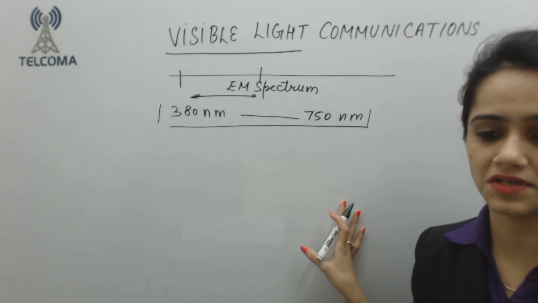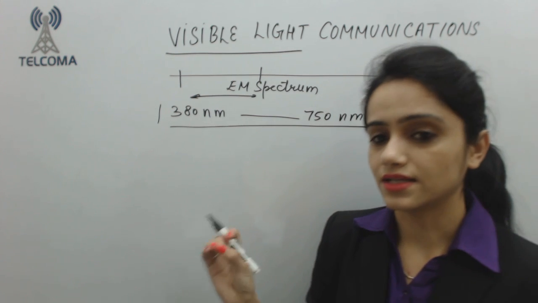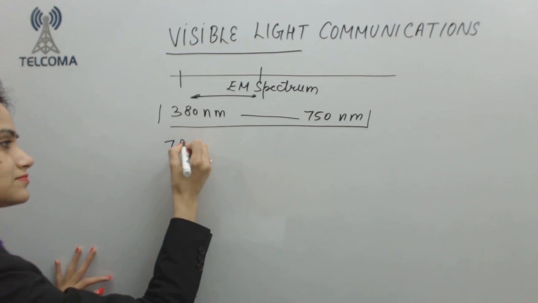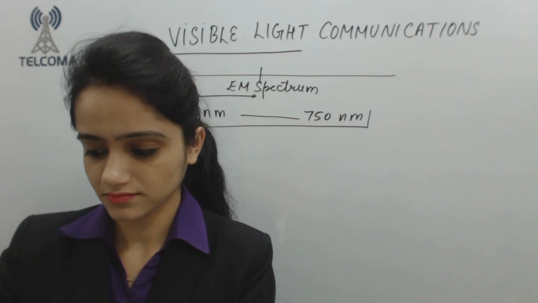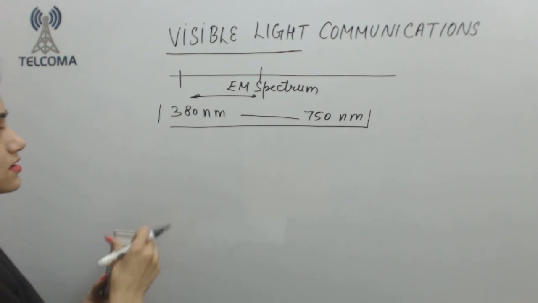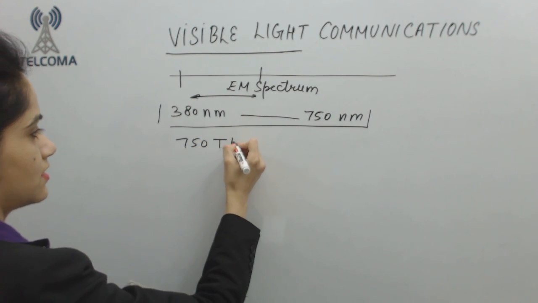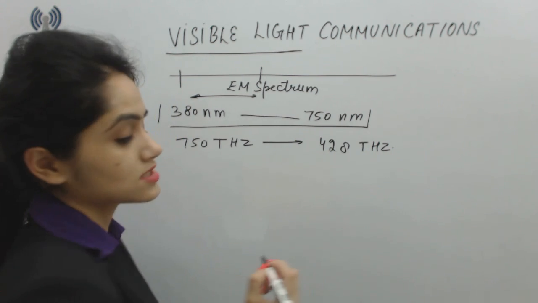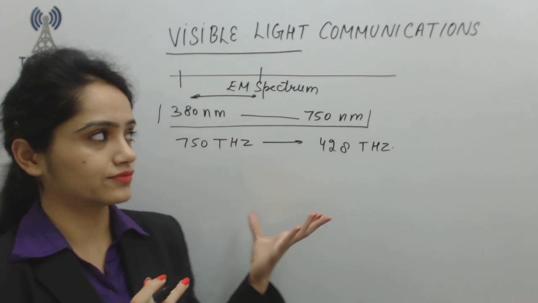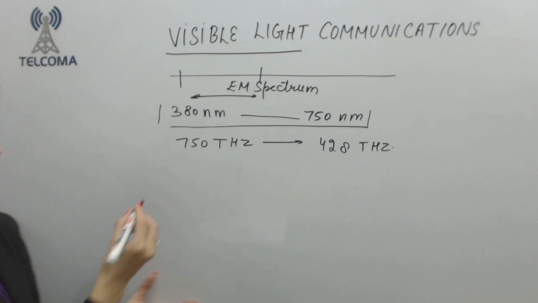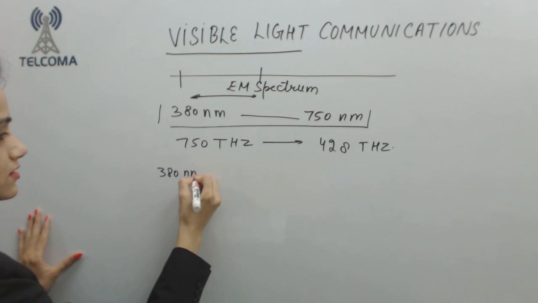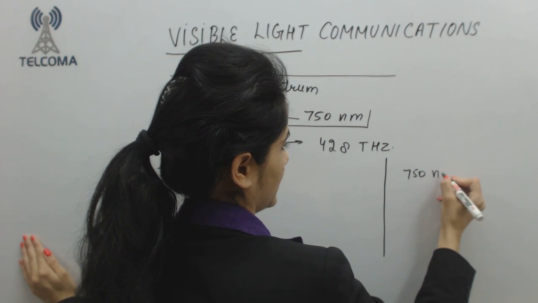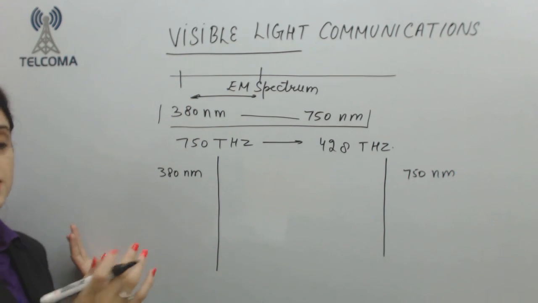That means the wavelength of visible light ranges from 380 to 750 nanometers, and the frequency ranges from 750 terahertz to 428 terahertz. So between 380 nanometers and 750 nanometers lies the visible light.